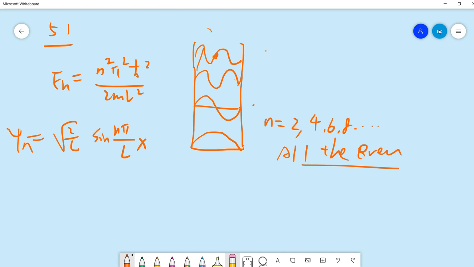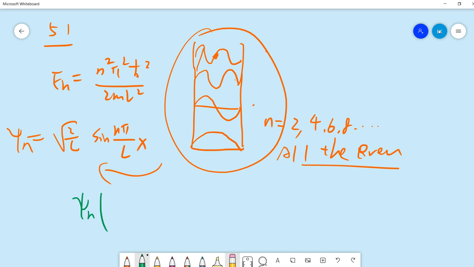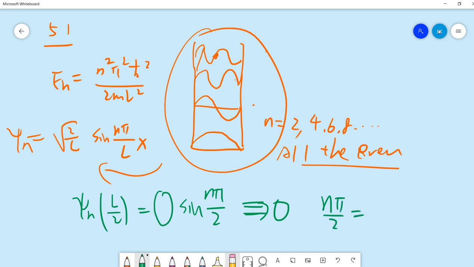Or if you don't want to plot, you can see this. If I plot at L equals 2, I get some constant times sine of n pi divided by 2. When n pi divided by 2 is equal to 0, it means that n pi divided by 2 is pi times some integer, I call it m. So that means n is 2m. So it tells you that n is an even number.